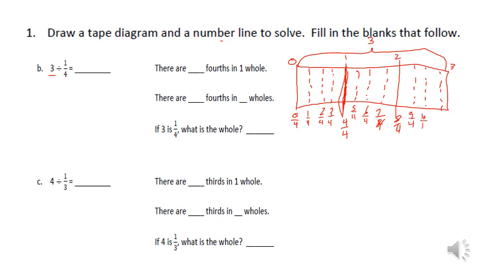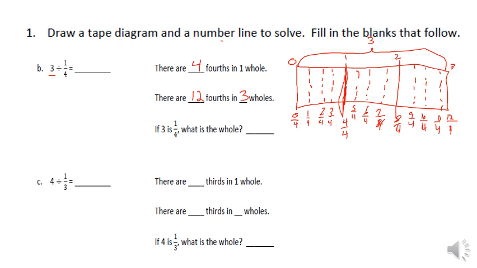Then I have 9 quarters, 10 quarters, 11 quarters, and 12 quarters, which I know 12 divided by 4 is 3, so I know I've done my quarters correctly. Now, if we come back over to the question, we said there are blank fourths in 1 whole. So if I look at 1 whole here, I can see I have 4 fourths in 1 whole. And there are blank fourths in blank wholes. Well, I can see I have 3 wholes here total. And I know there would be 12 fourths in 3 wholes.